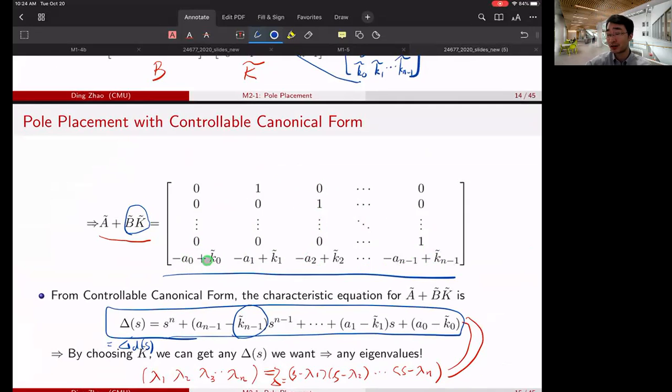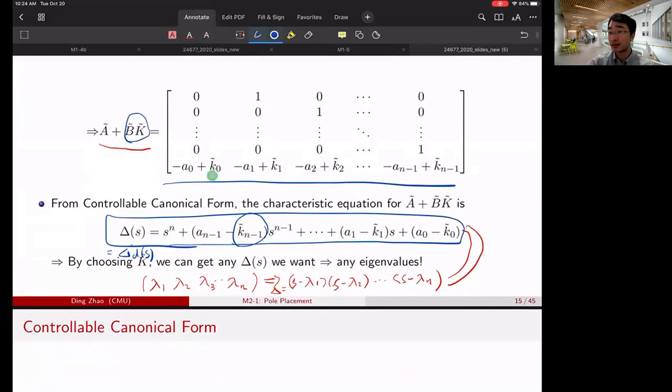And these a's are the coefficients of the denominator of the transfer function. So here we can directly modify the coefficients of the characteristic polynomial, right? So the new characteristic polynomial has coefficients minus a0 plus k0 tilde, minus a1 plus k1 tilde.